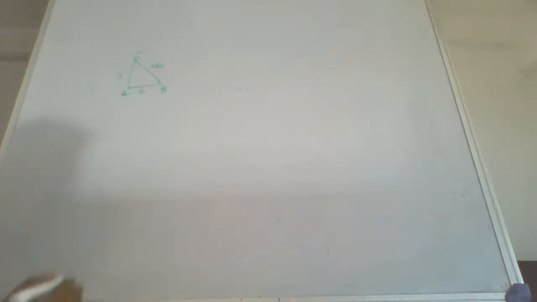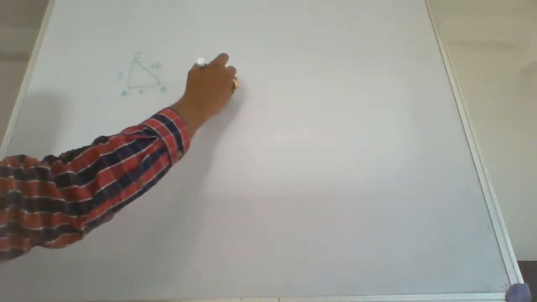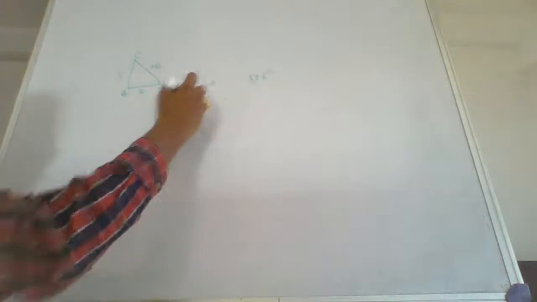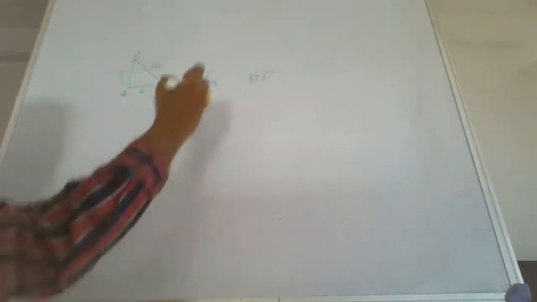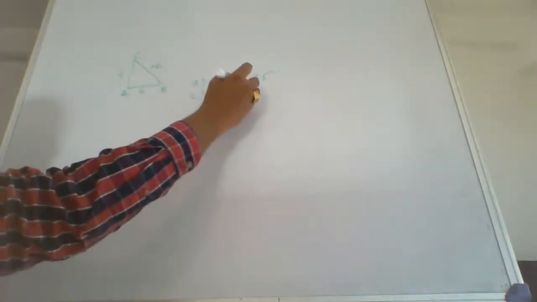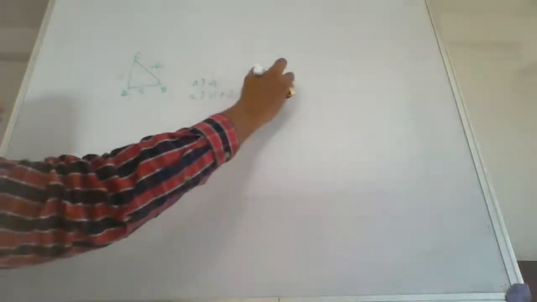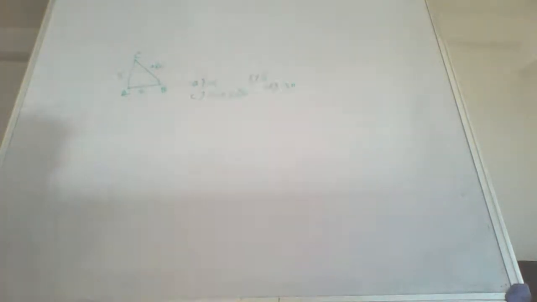The choices given are A as 4, B as 5, C as 11 plus 2 root 2, and D as 30. So let us find the answer for this.